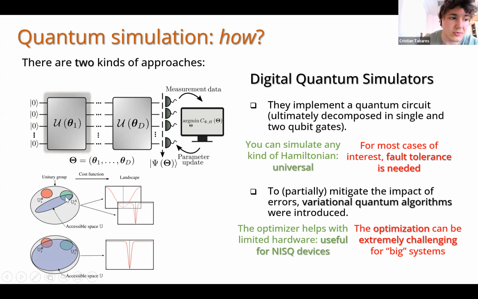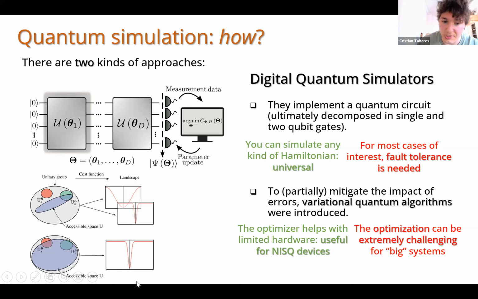For example, you want to find the ground state of a model, and its subspace lies here. For example, this is an excited subspace. If you create an ansatz, here in blue, that is able to explore most of the Hilbert space, in general what you will find is that the landscape is really flat.